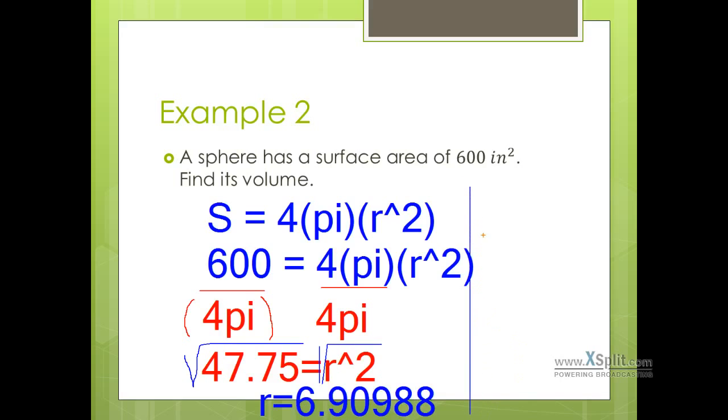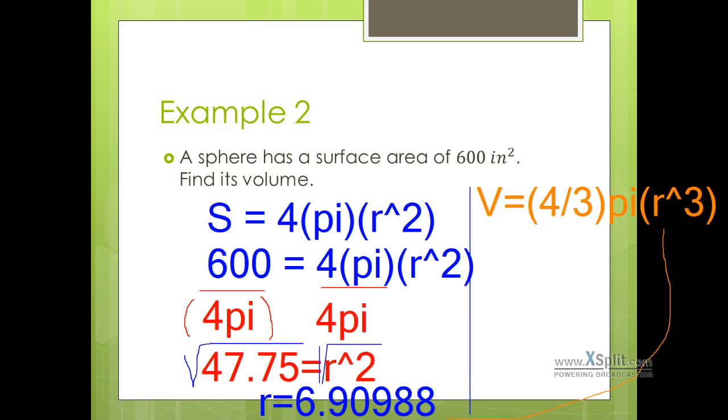Excellent. We want the volume of this thing now. Volume, remember, is 4/3 pi times a radius cubed. I'm going to take our radius that we found, plug it in right there.